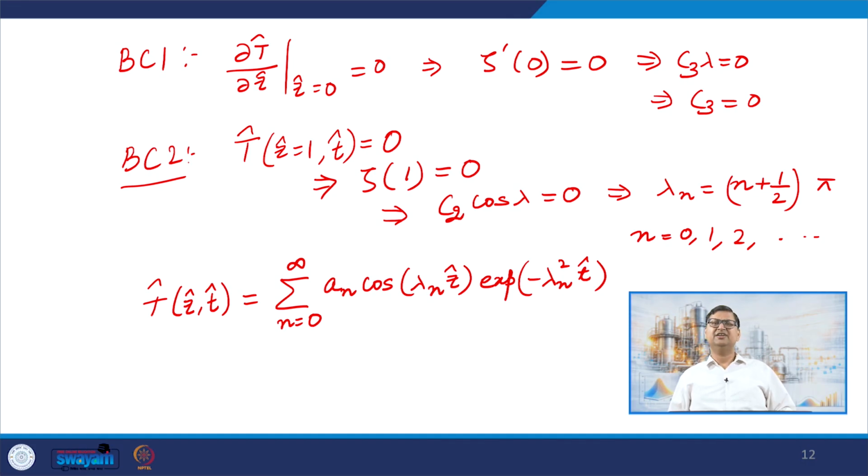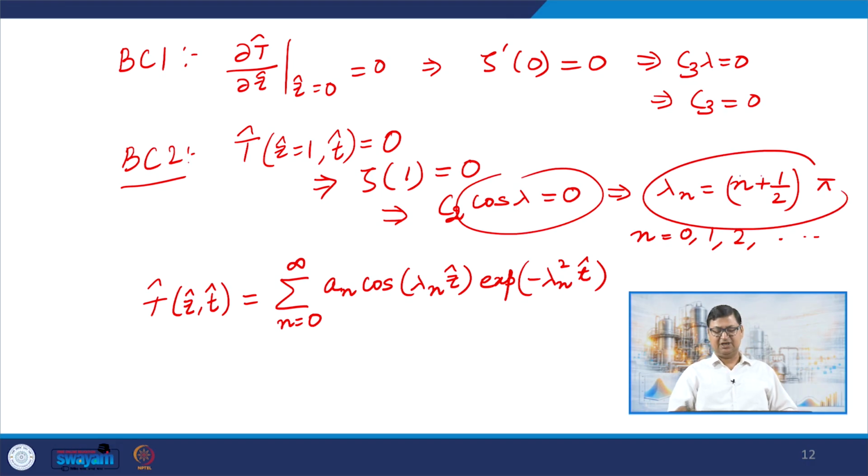So earlier we had an equation like lambda tan lambda is equal to Bi when we equated the heat fluxes, and now we have simply cos lambda equal to 0, and that gives me this. Again, I could have set C2 equal to 0, but that will make T cap effectively 0 everywhere with time. I don't want that, right? So therefore, I will set cos lambda equal to 0. This gives me the value of lambda n, right?